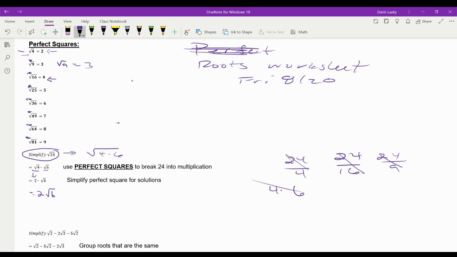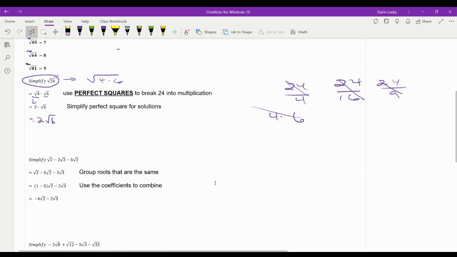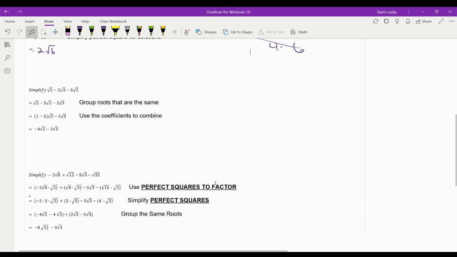So let's try a couple more here. These are quick little notes to help you guys out. So here's the other main concept, like terms. If we're looking at this, I have a root 2 and a negative 2 root 3 and a negative 5 root 2. Well, let's just look at it this way. What if I had 1x minus 2y minus 5x?